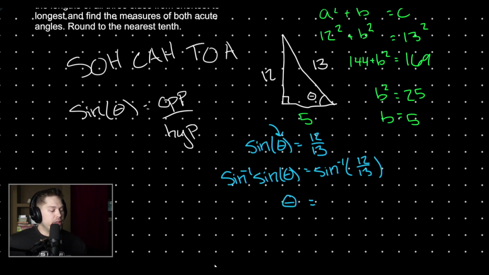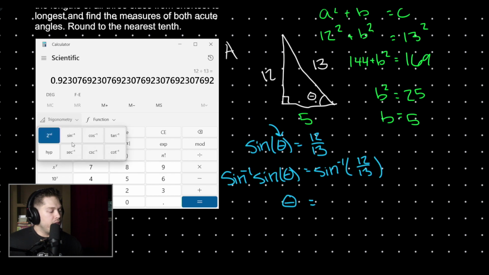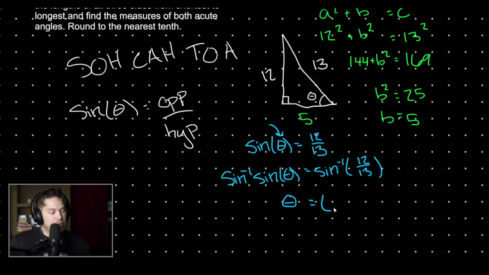So let's go ahead and plug that into our calculator. We have 12 over 13, and then we apply the inverse sine function, and we see that it's 67.38 degrees. We're rounding to the nearest tenth, so this is going to be 67.4 for theta.